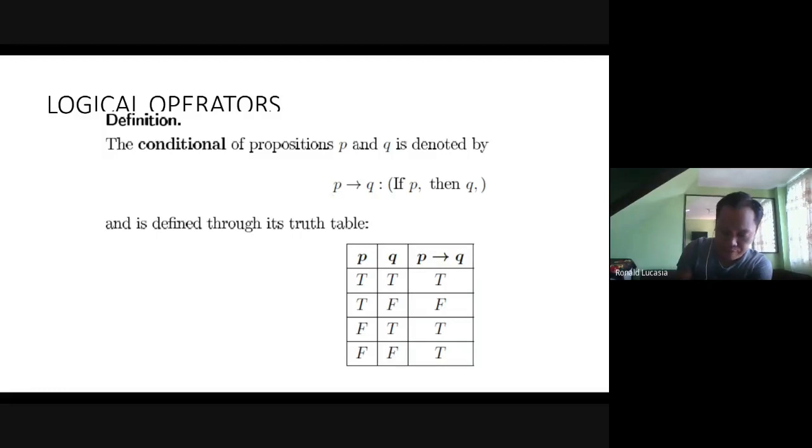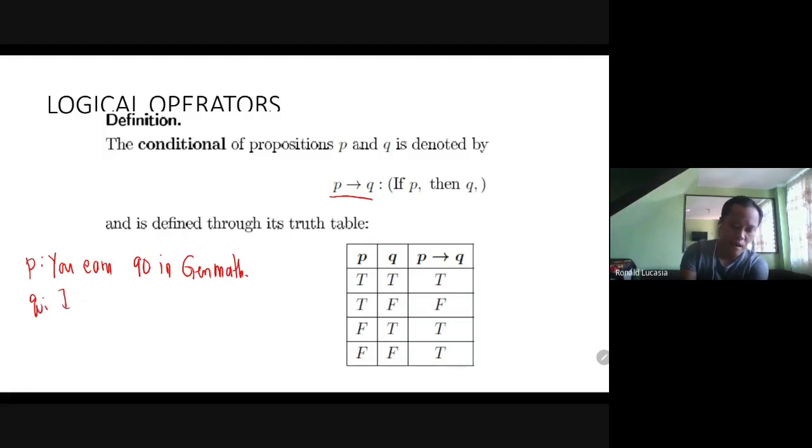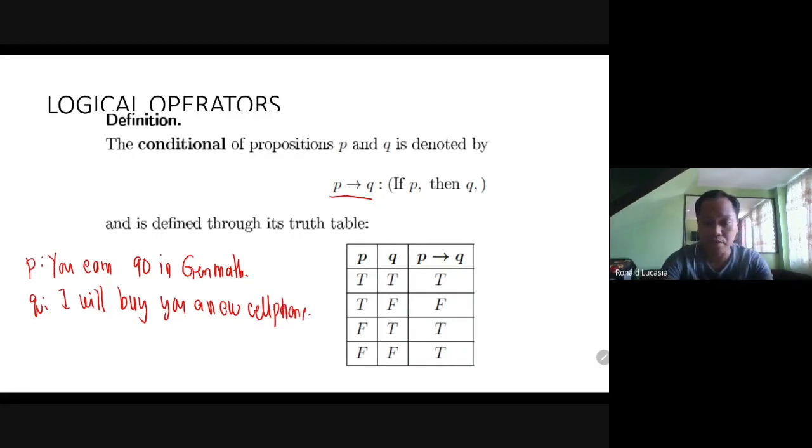So we have now the conditional proposition P and Q. We are going to read this as if P, then Q. P there is the premise or the hypothesis, and Q there is the conclusion. Okay, so let's consider the proposition P: You earn 90 in GenMath. And our Q: I will buy you a new cellphone.